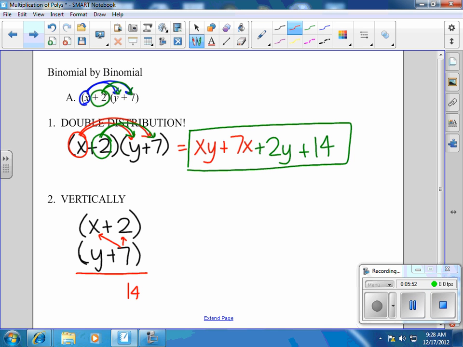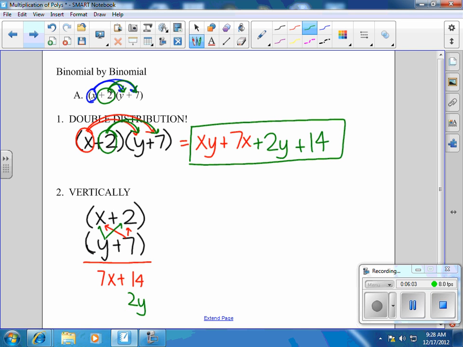And then 7 times x, which gives me 7x. And then we can do y times 2, which will give me 2y. And then y times x, which gives me xy. And unlike everything that we did before, we can't just add our columns up because they're not like terms.